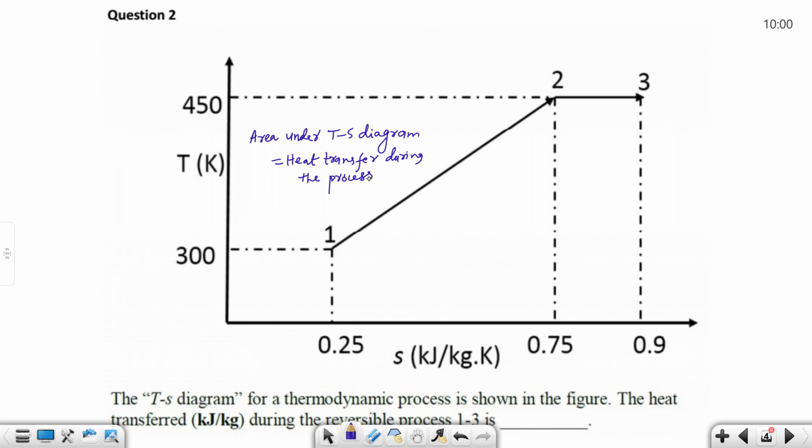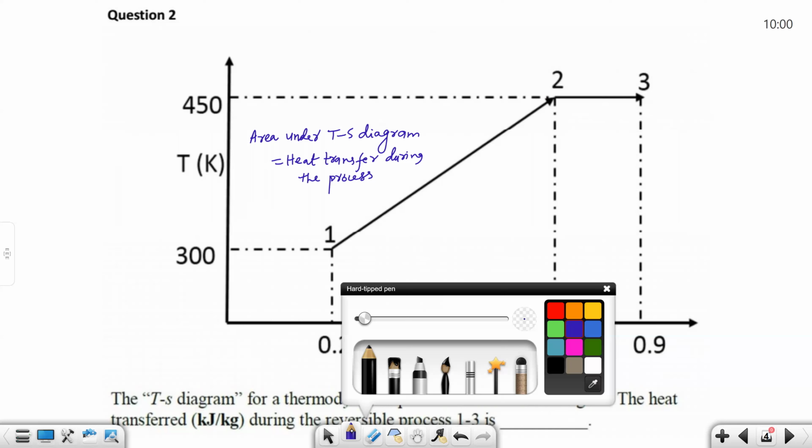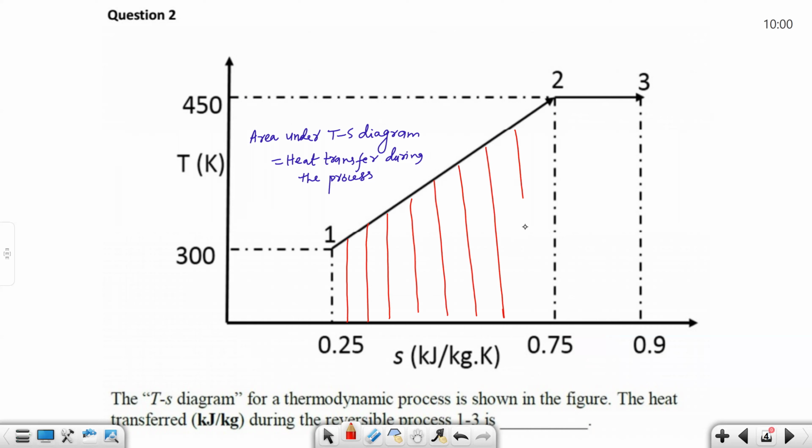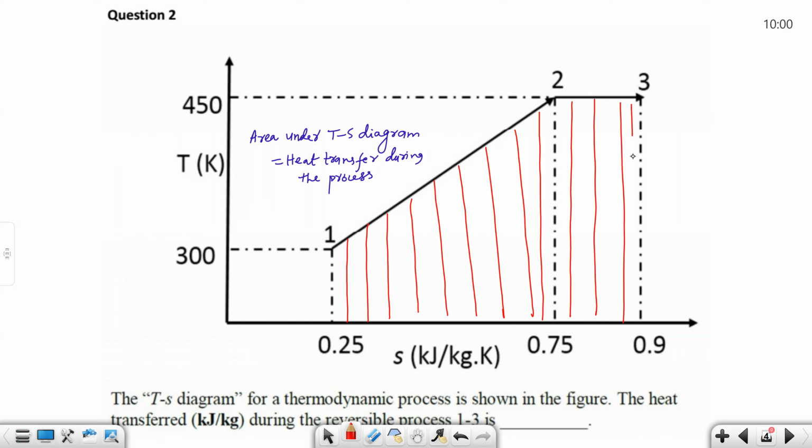That means this entire area is the heat transfer in the process 1 to 3. So we need this area.